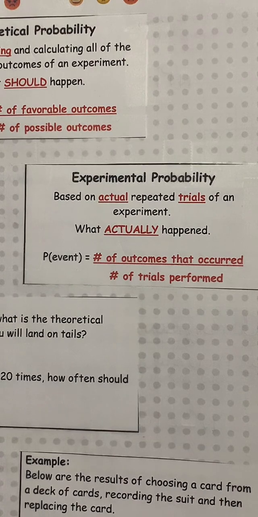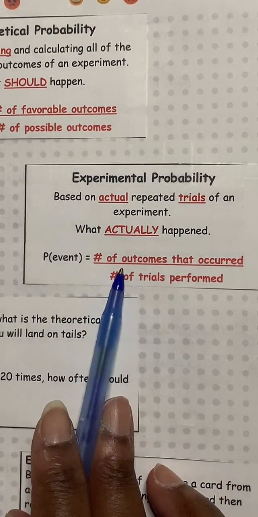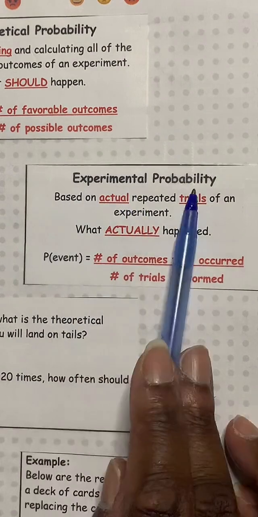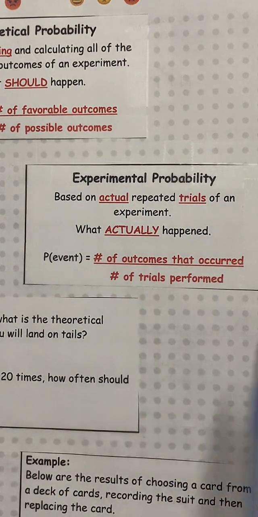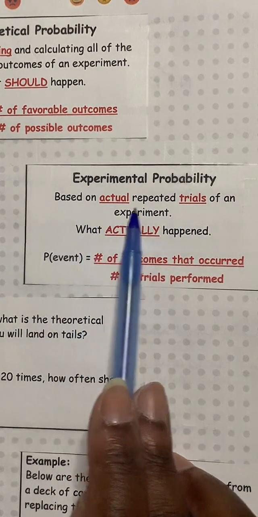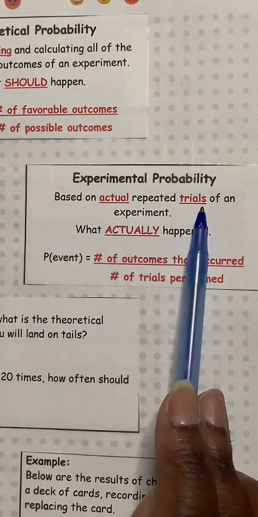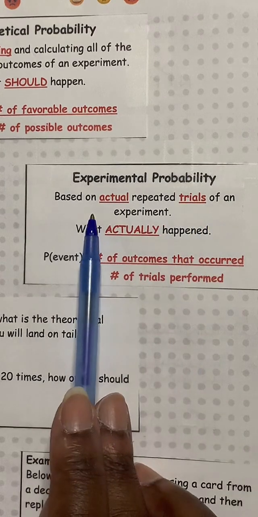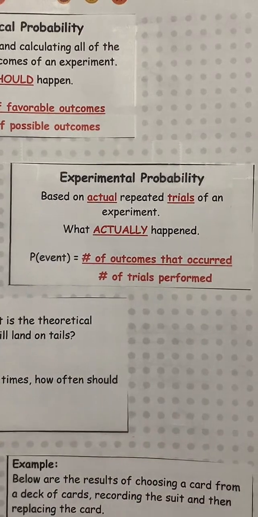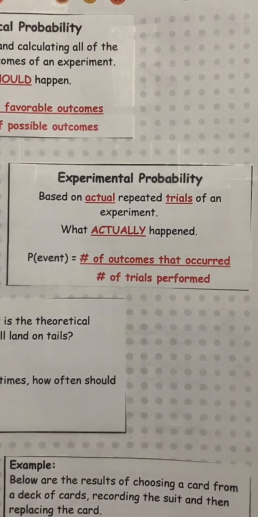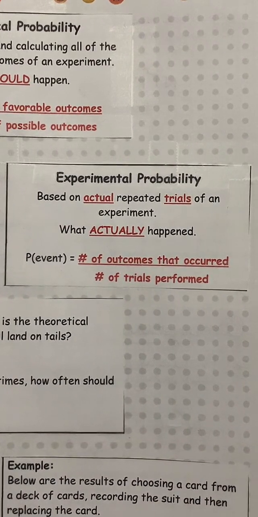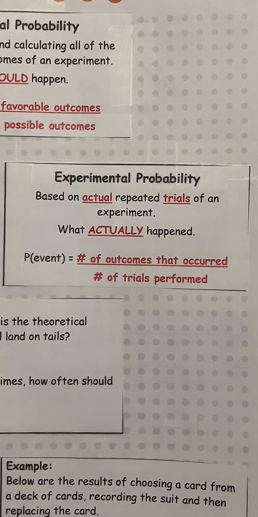Oh, cool, Ryan. All right. So when you're doing experimental, you're actually doing the experiment, and you're looking at it based on repeated trials. In order to get as close as likely to the true outcome, the more trials you do, the better.